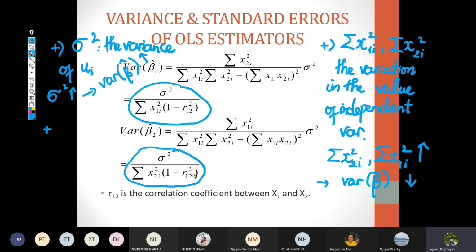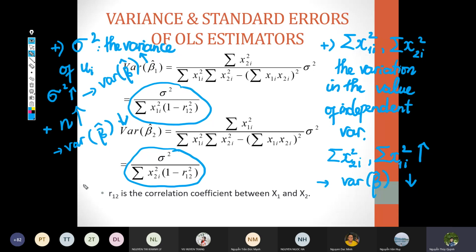And one more thing, like the two-variable regression model: the sample size. When we have more observations, the variance of beta hat will be smaller, and we will have better estimators of the unknown parameters.